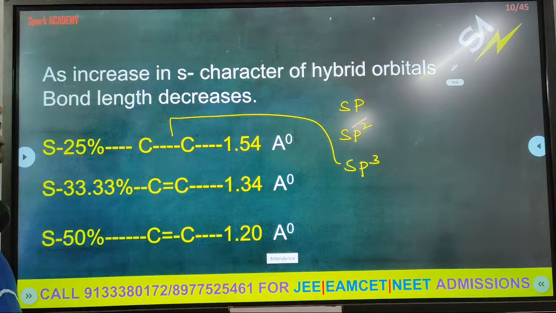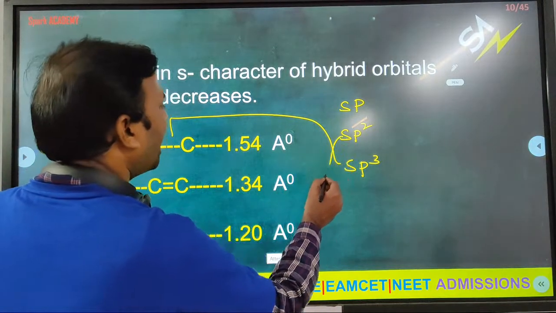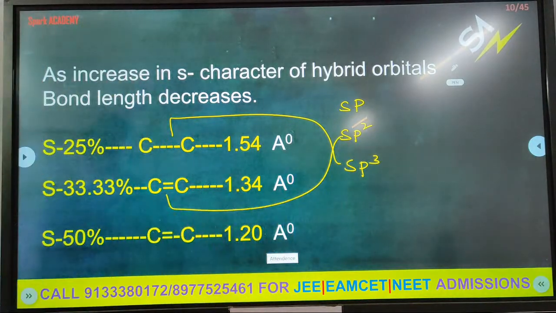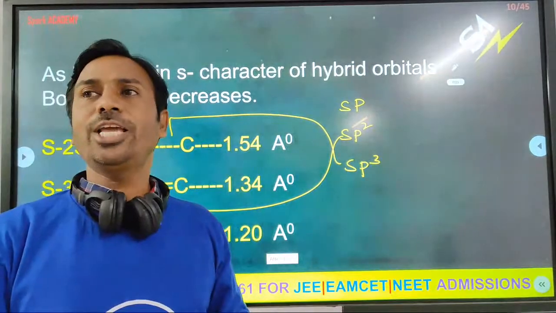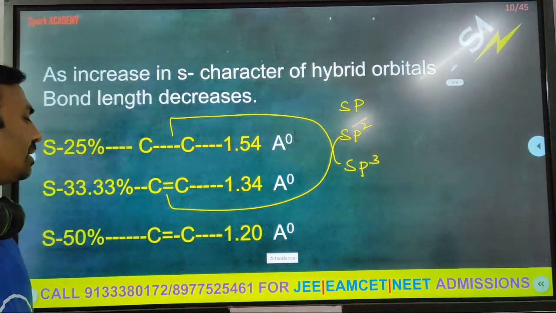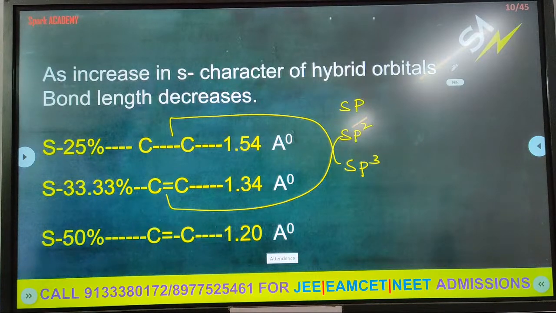In the case of an sp2 hybridized molecule, the bond order is 2. Last one, an sp hybridized molecule. Here, in this sp hybridized molecule, the bond order is 3.